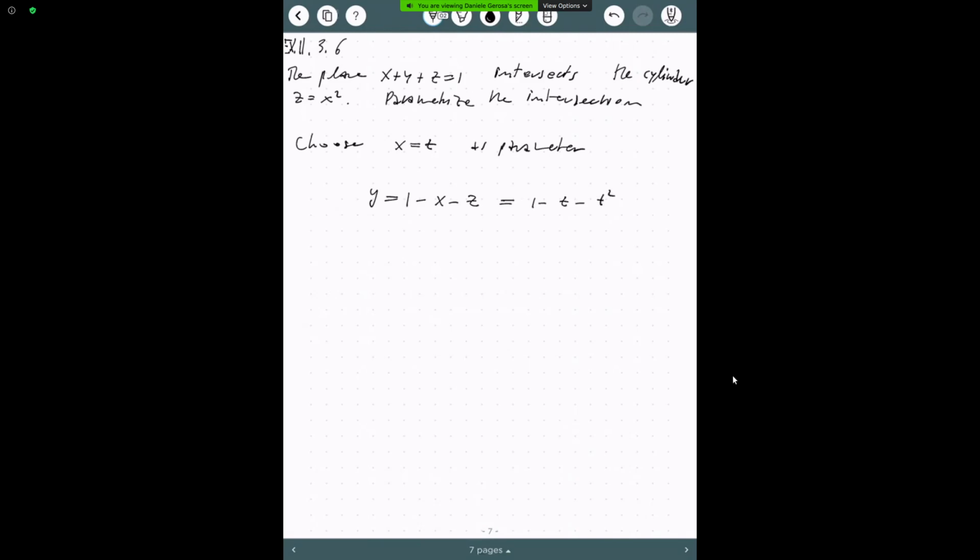So the conclusion is that the parameterization is p of t equal to (t, 1 minus t minus t squared, t squared). And this is the parameterization of the intersection.